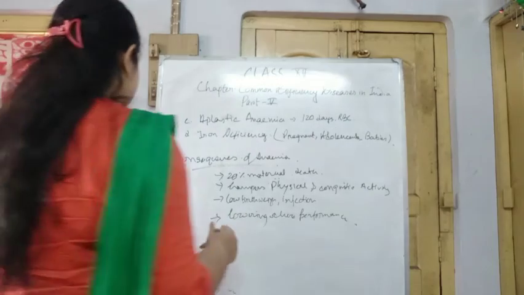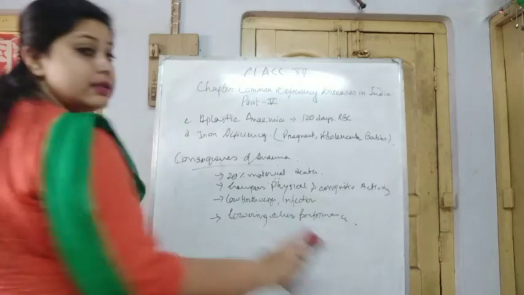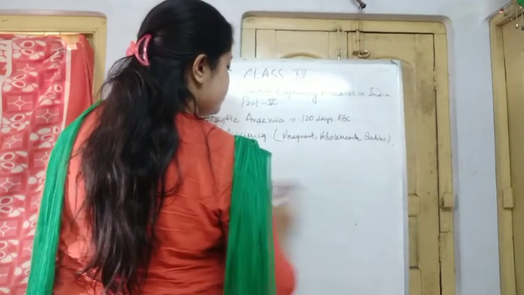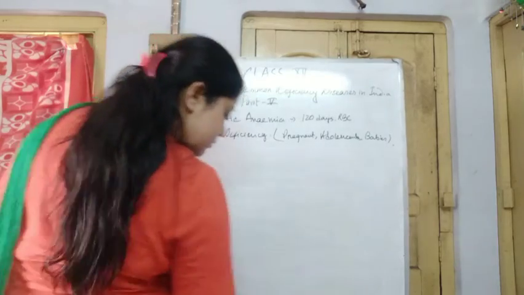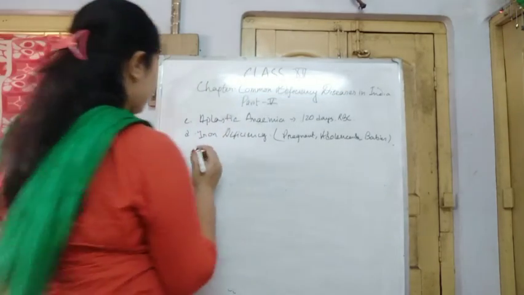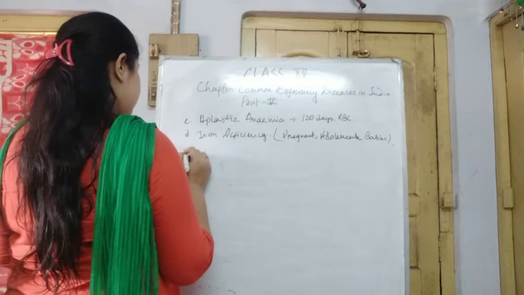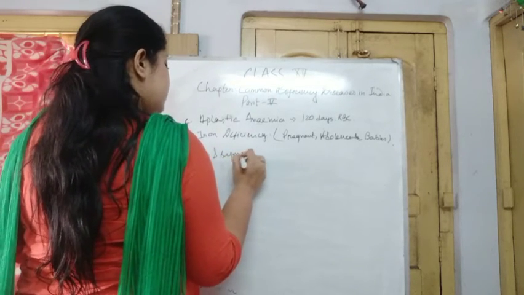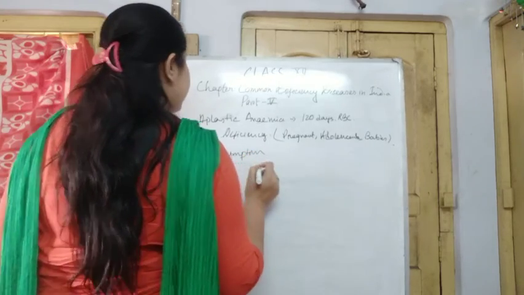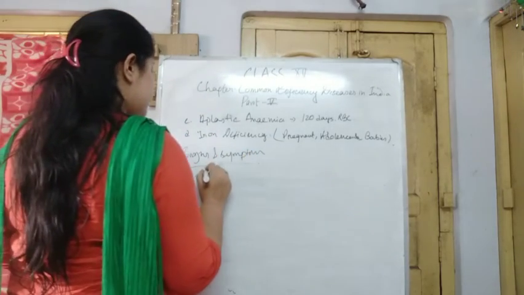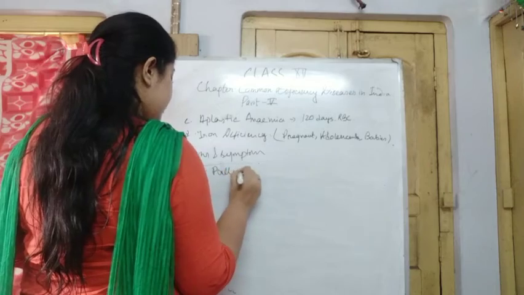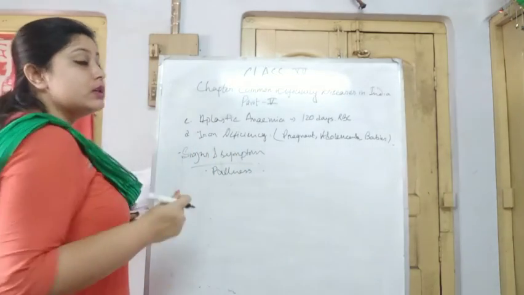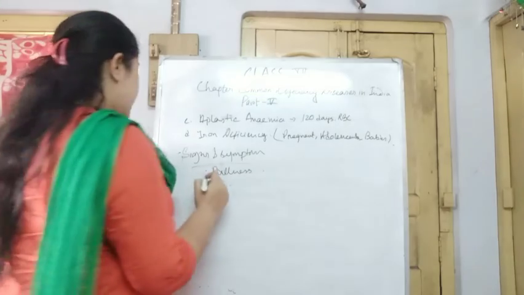Now I am coming to the signs and symptoms of the anemia. The very common signs and symptoms are firstly paleness. It is seen in the children and also in the mother and pregnant women.